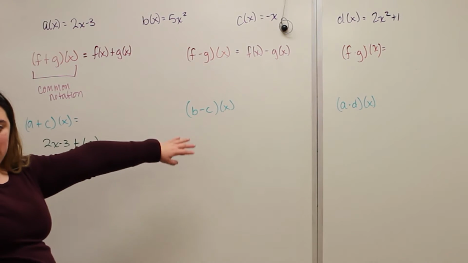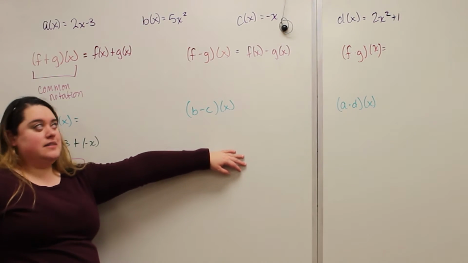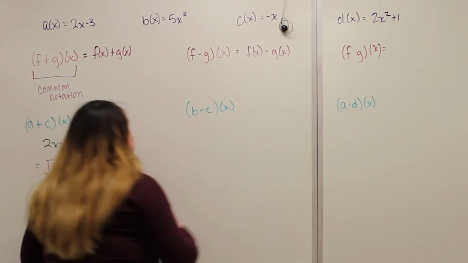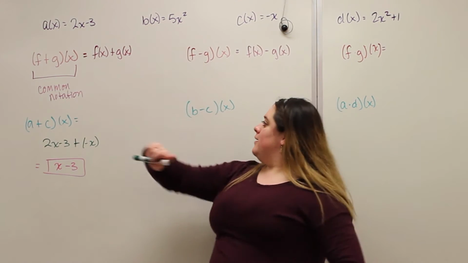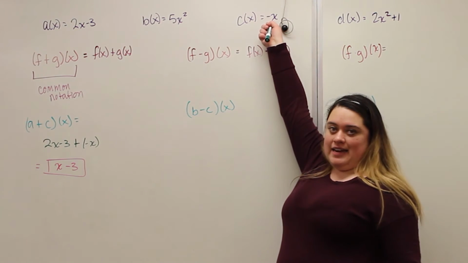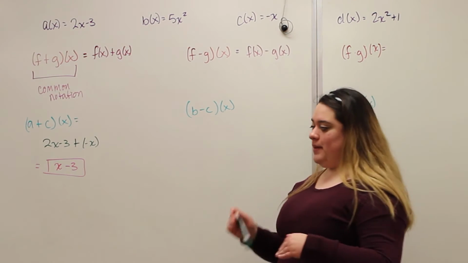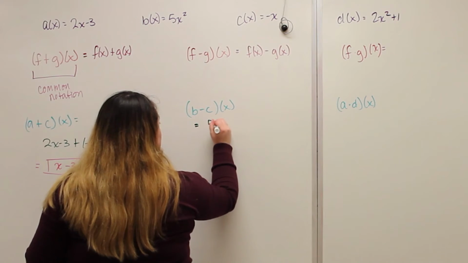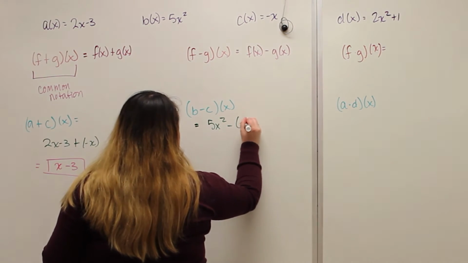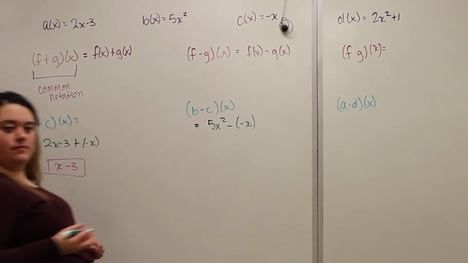So let's find (b minus c)(x). What is b(x)? b(x) is 5x squared, and c(x) is that negative x. We have to combine these two functions, so we get 5x squared minus a negative x.